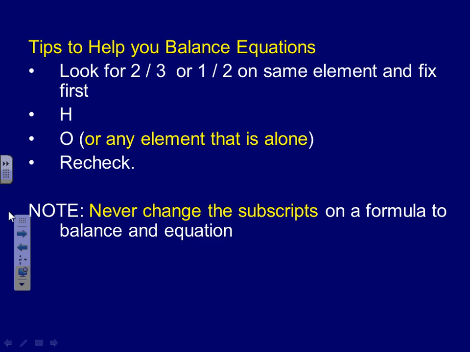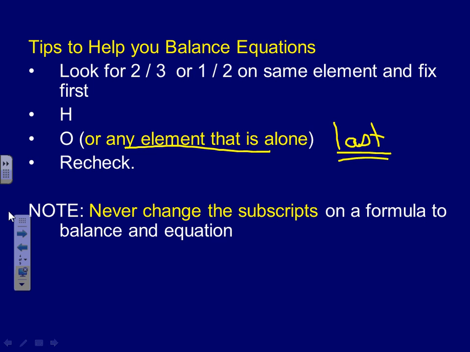Do H's kind of like second last, and O's do last. So H's and O's, or any element that's alone, do it last. If an element is all alone and you put a coefficient in front of it, you're not messing up any other atoms.